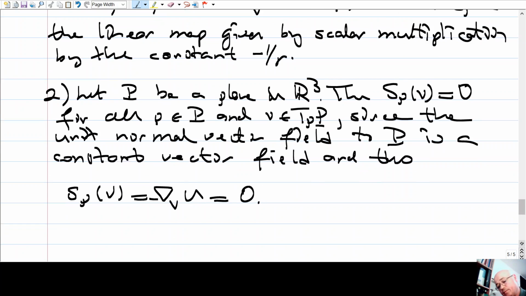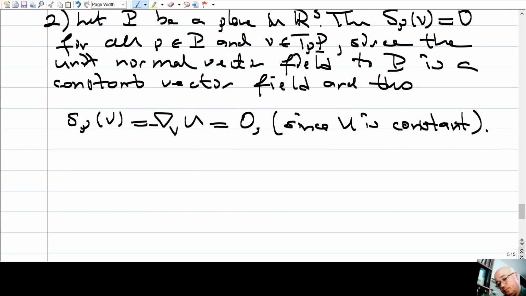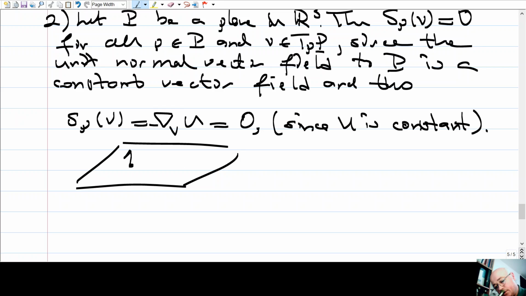So u is constant. Here the normal vector field is constant.